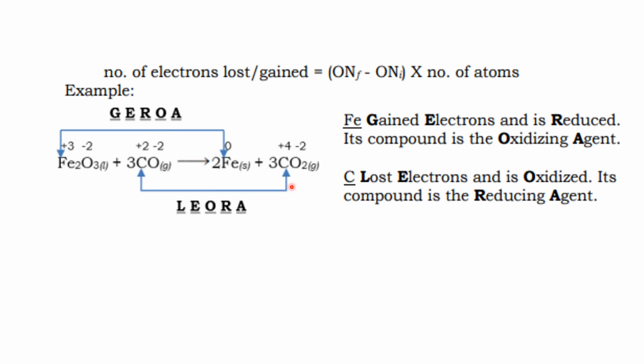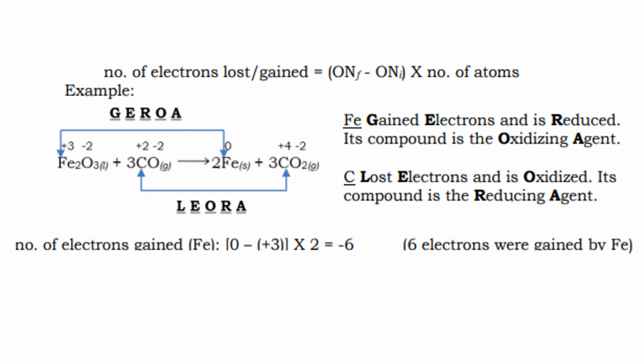So to determine the number of electrons lost or gained, we can use the formula: open and close parentheses, change in oxidation number, that is final oxidation number minus initial oxidation number, multiplied by the number of atoms of that element.